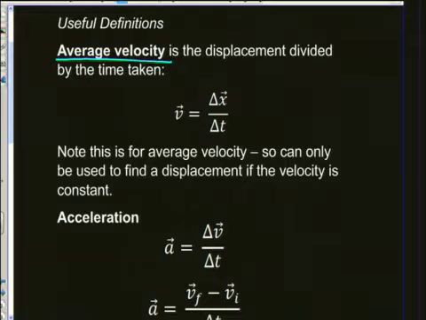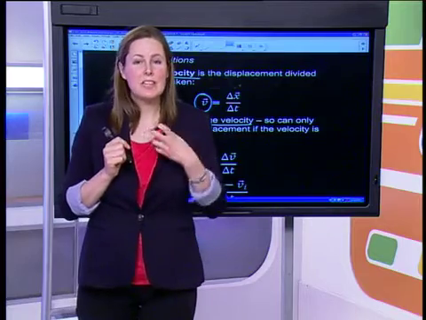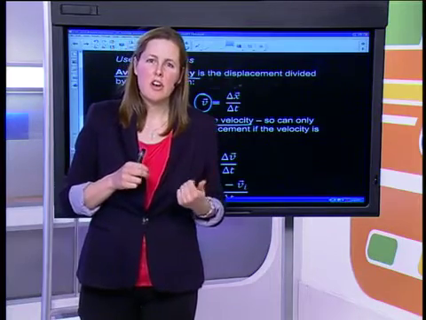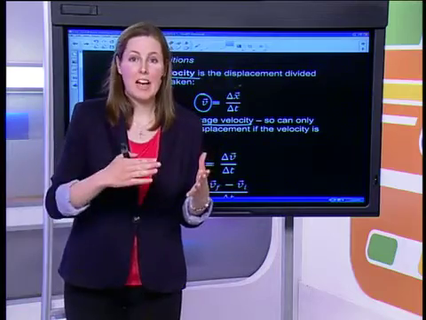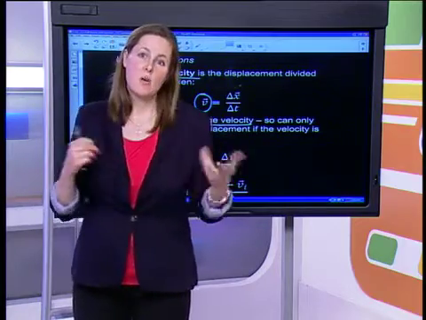The reason for this is because this velocity is an average velocity. So it can only be used to define the displacement if the velocity is constant. And I make that point because I've seen a number of times students go and use this equation when actually an object is speeding up, so going faster and faster, or slowing down.